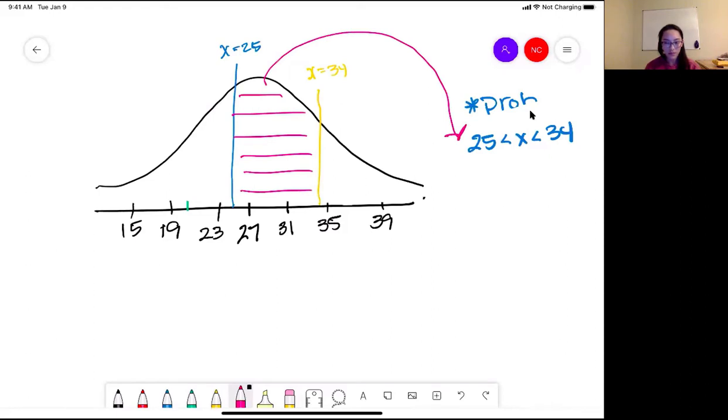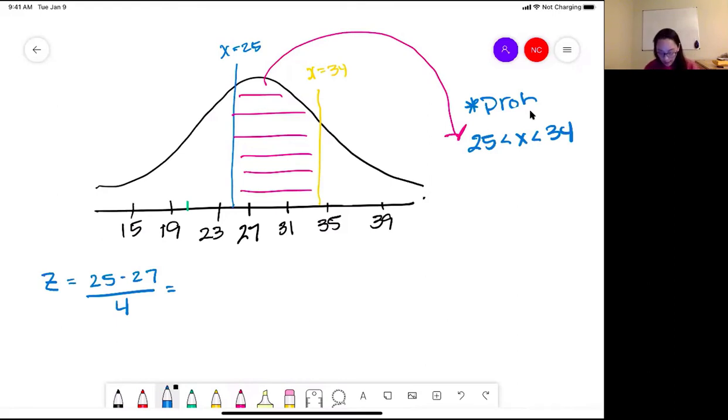Okay. So what do you think we do? Any ideas? Find both z-scores. Yep. 2 z-scores. Let's start there. So if we're finding the z-score of where 25 exists, that's 25 minus our mean divided by our standard deviation.